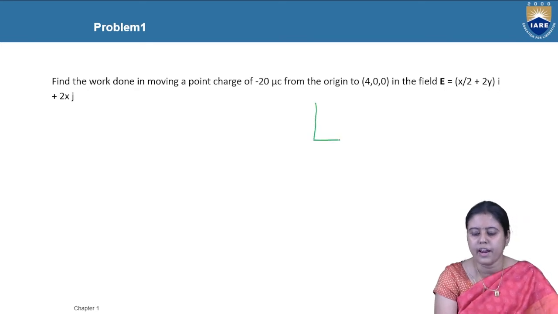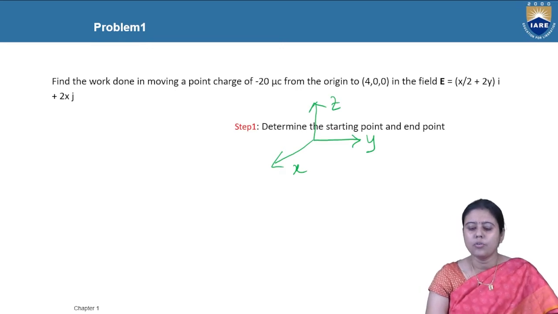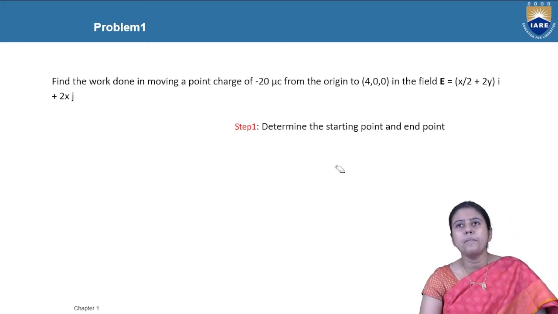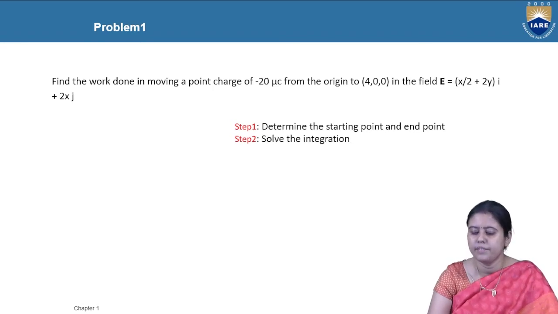Okay, we will write it in 3-dimensional. This is x, this is y, and this is z. So what is step 1? Determine the starting point and end point.